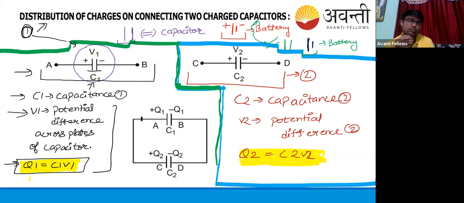These are two parts, two terminals, of different capacitors. This is the first capacitor having C1, V1, Q1 charge, and this is C2, V2, Q2 charge. Now students, focus on this figure.